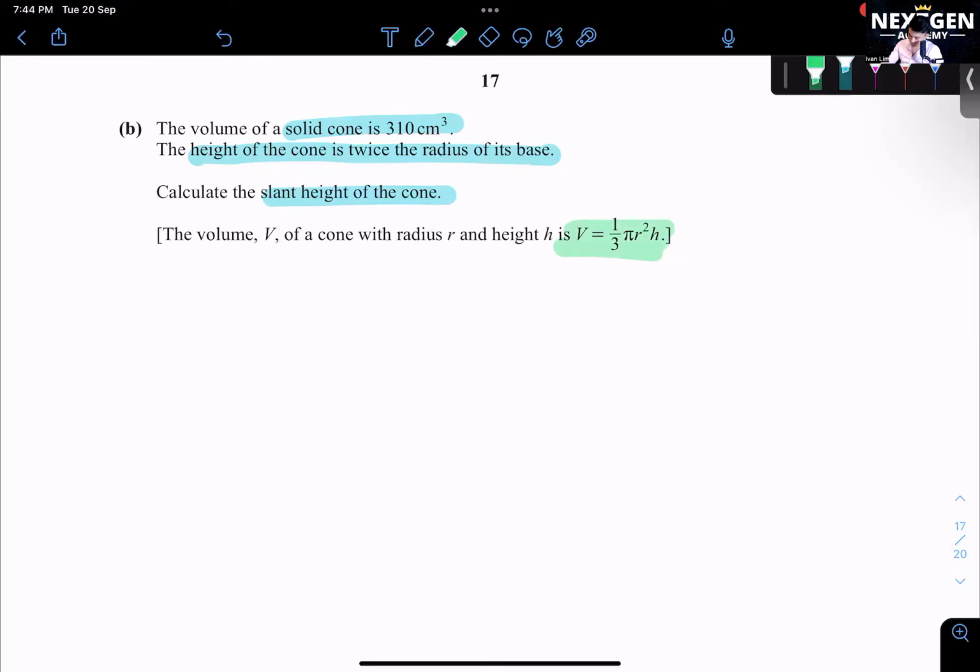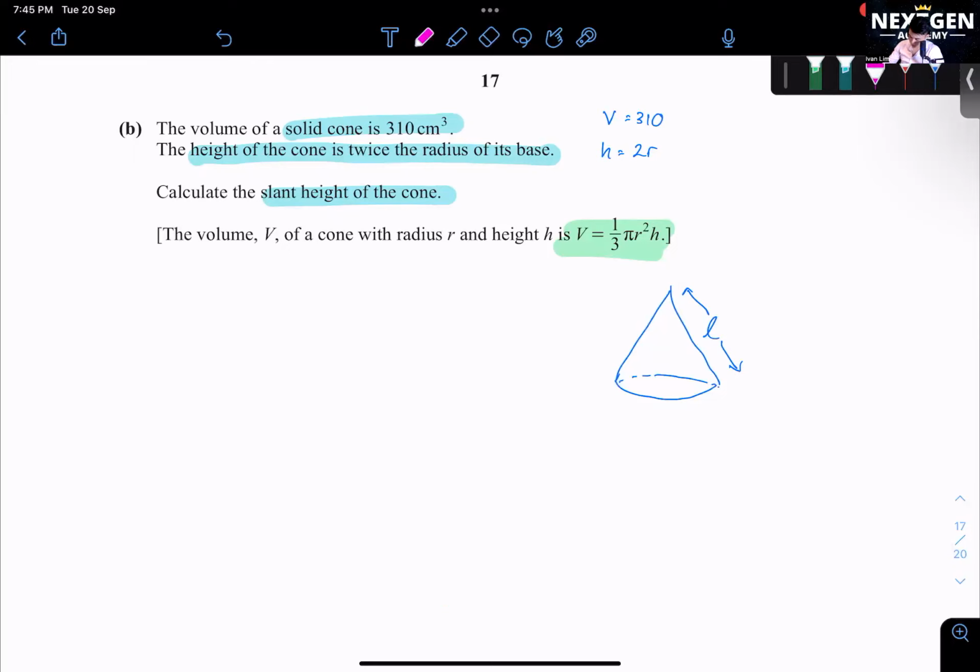So h equals 2r, and V equals 310. They want us to find the slant height. If you draw it out, this is your cone and this is your slant height. You can write it as S or L.